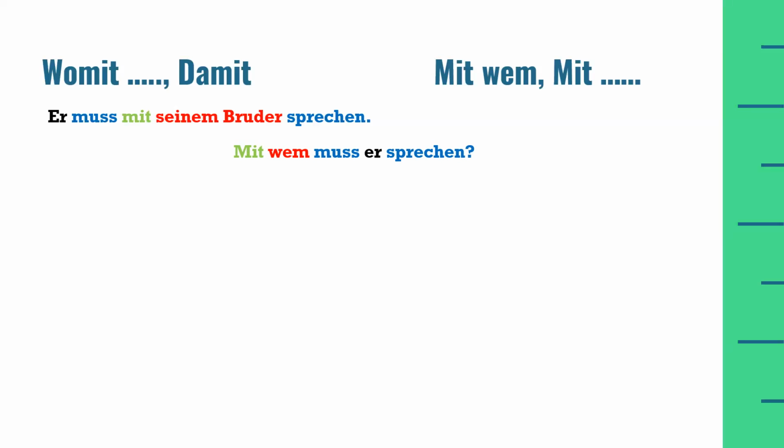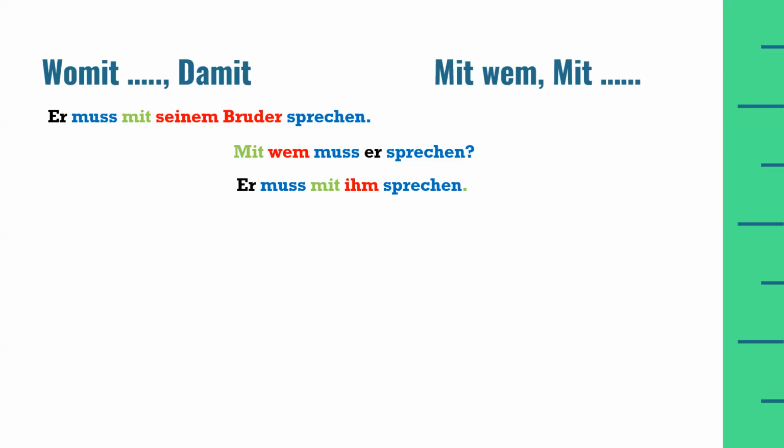Why do we have to use mit wem and why can't we use womit? Because he has to talk with a living person, with his brother, therefore we can't use womit here, we have to use mit wem. And whenever we use mit or any other dative preposition in the question word at the first position, we have to use wem. Mit wem muss er sprechen? Er muss mit ihm sprechen.